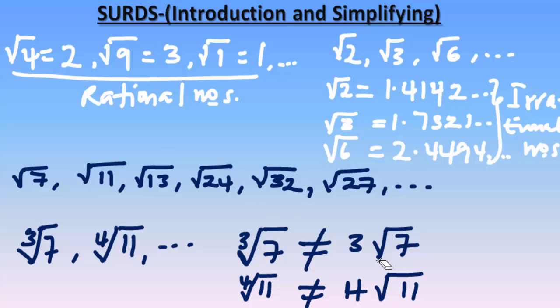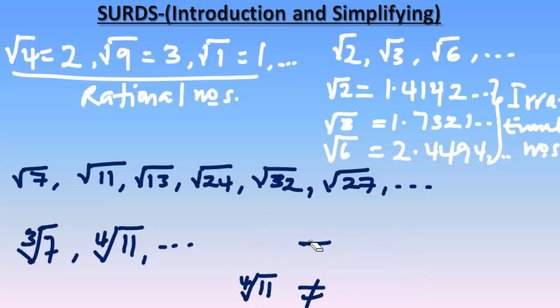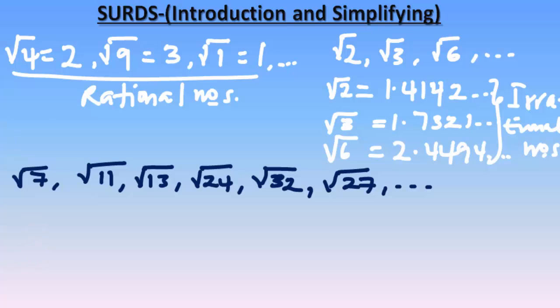Now, considering the first 3 examples of our surds, we're going to look at something very important. We realize that it is not possible to express the number 7, the number 11, and the number 13 as a product of 2 factors, where one is a perfect square and the other is not a perfect square, except 1.